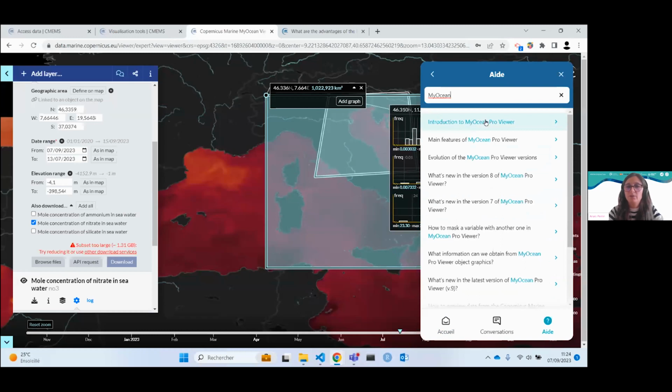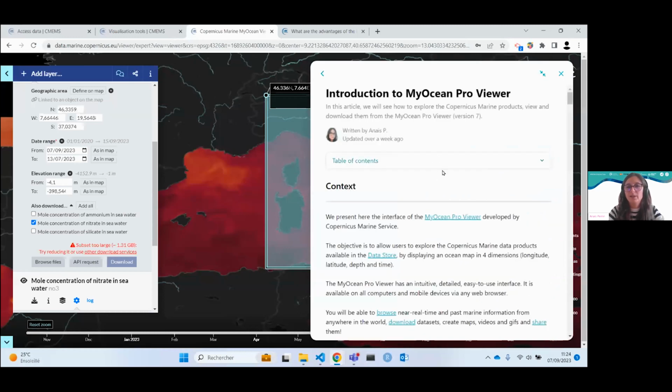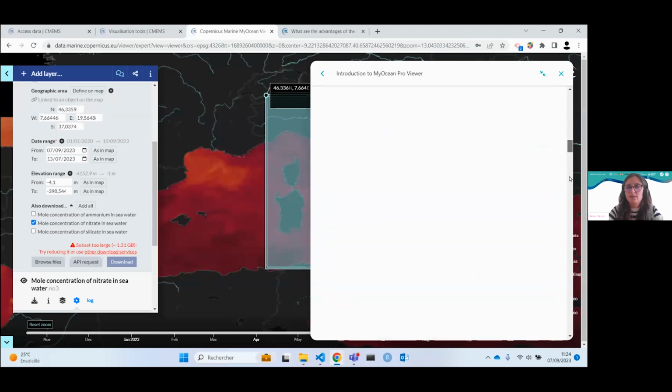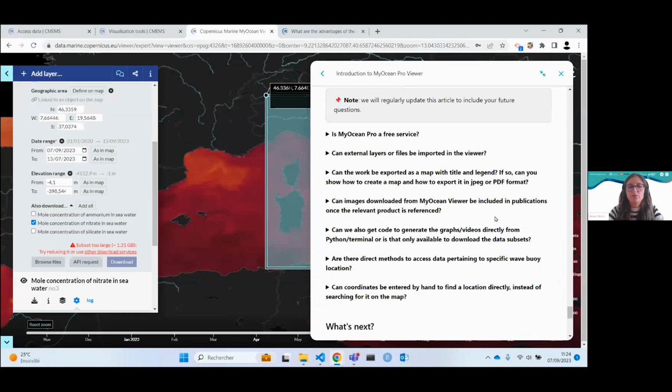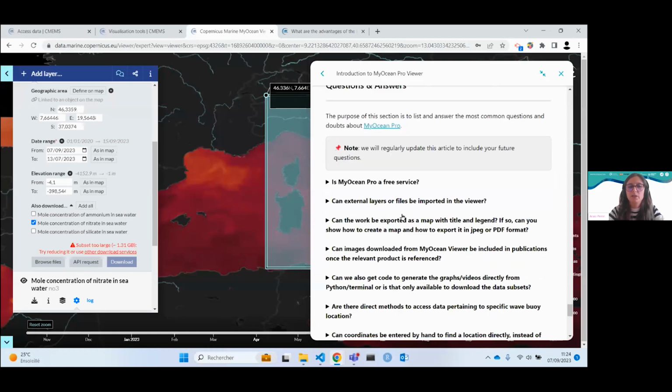And you have an article, by the way, that tells you how to view data on MyOcean Pro, like in this presentation. At the end of this article, you have a question and answer section that we regularly update with the most asked questions about the MyOcean viewer.